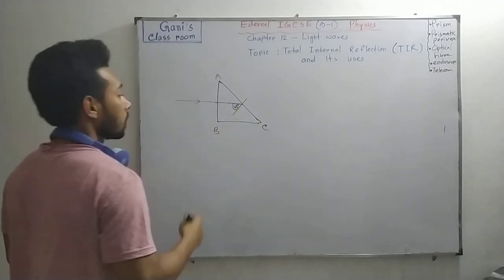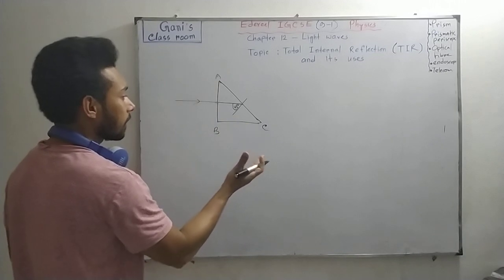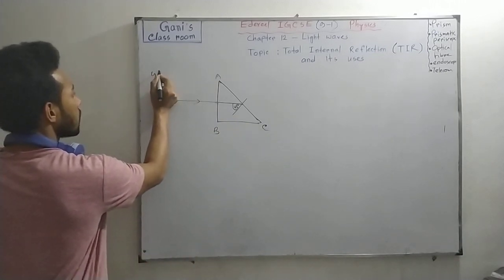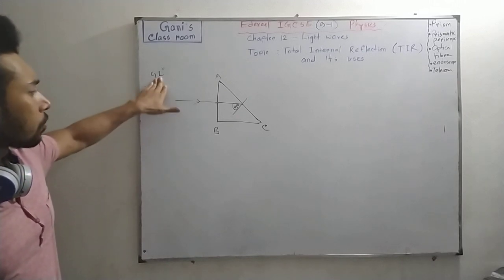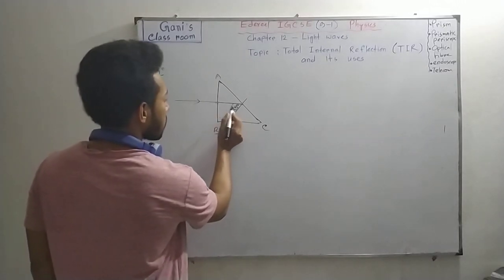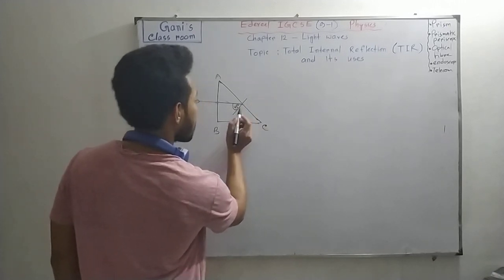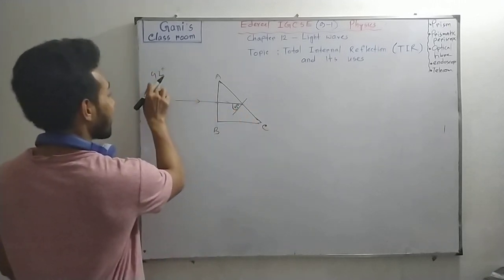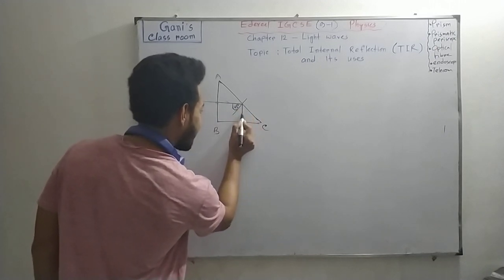We have already said that the critical angle for typical glass is around 42 degrees. In this case the light is striking the boundary from a more dense to a less dense medium with an angle of 45 degrees, which is greater than the critical angle. So the light is totally internally reflected.